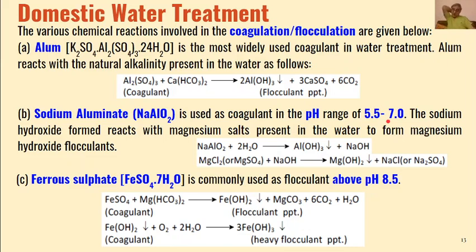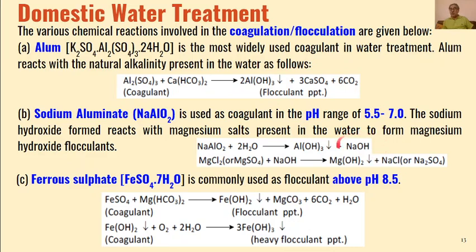Similarly, sodium aluminate is also used as a coagulant, but this is effective only in the pH range of 5.5 to 7. Sodium aluminate will react with water to form sodium hydroxide and aluminium hydroxide, and again like in alum, this will be precipitated out as a flocculant.